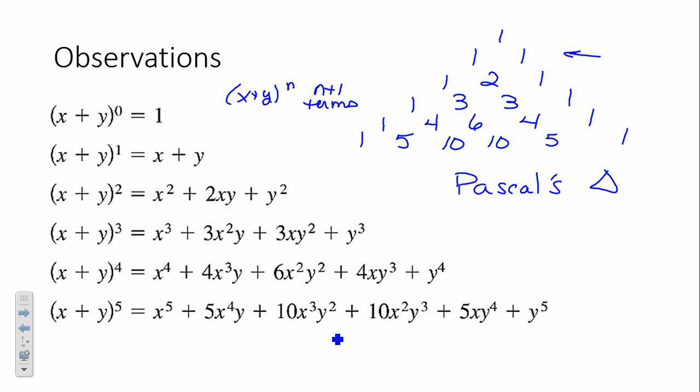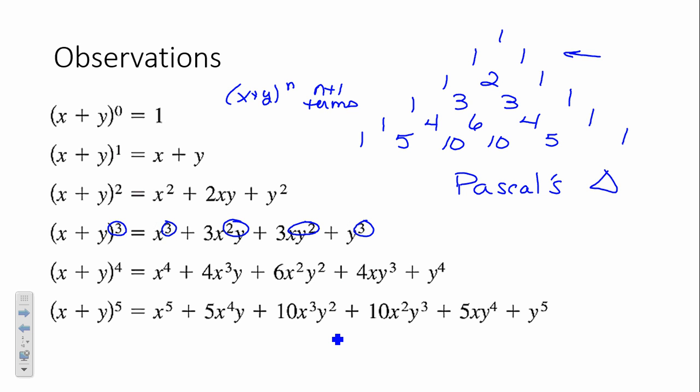Okay. And what do you notice about the exponents of the variables? They're mirror images of each other, aren't they? Okay. And they always add up to the power of that term, right?